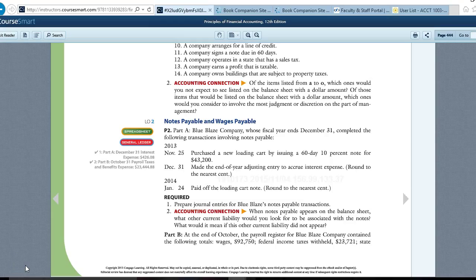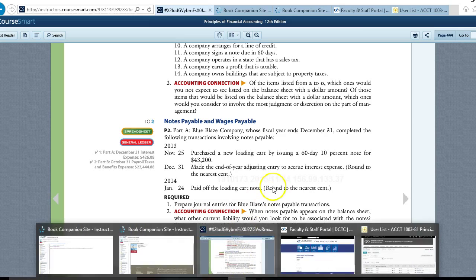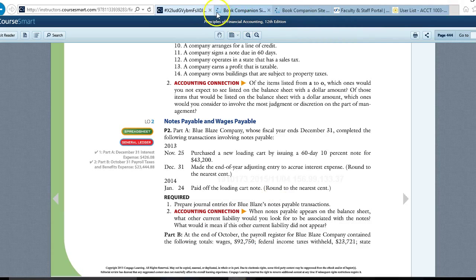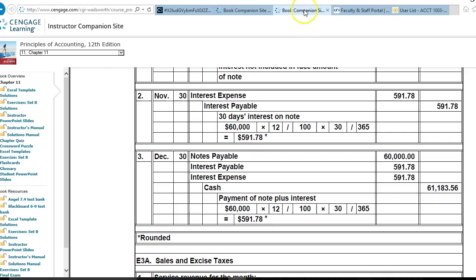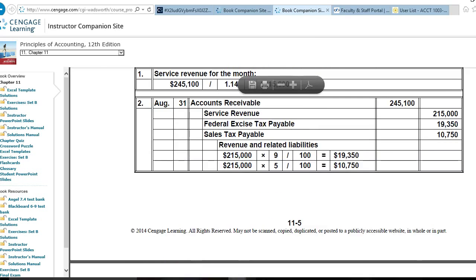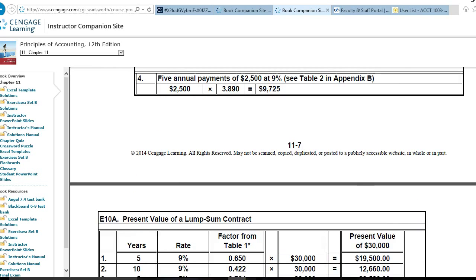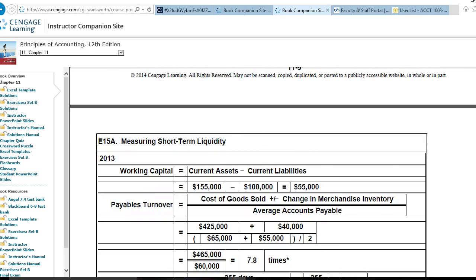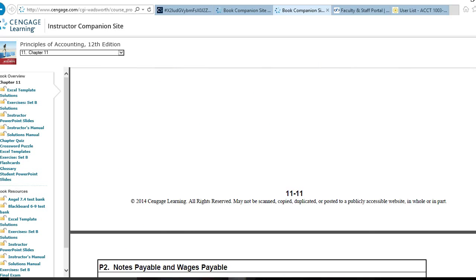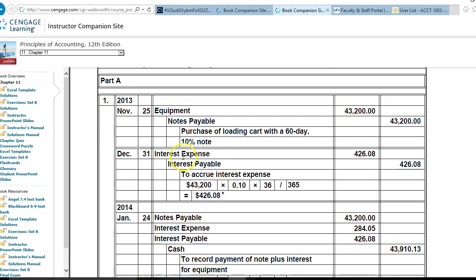November 25th is when we're going to record the liability, okay? So the liability basically is going to be shown as, November 25th, equipment, $43,200, because he didn't get the cash, he got a piece of equipment instead, right?